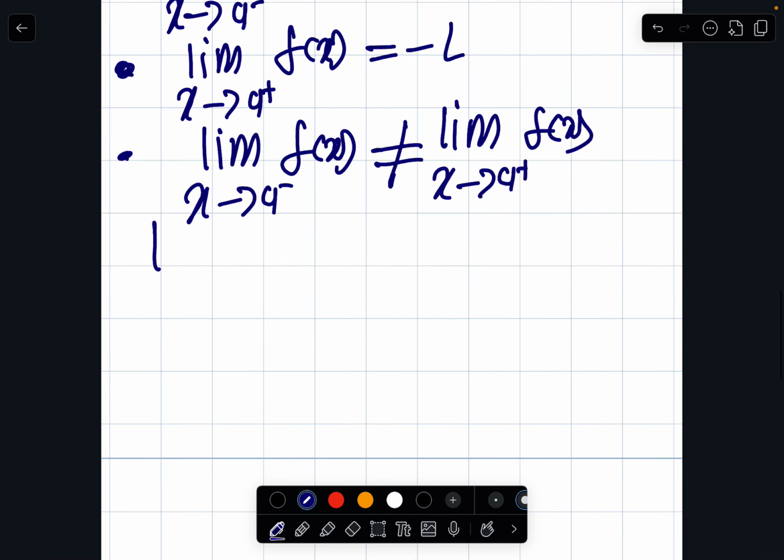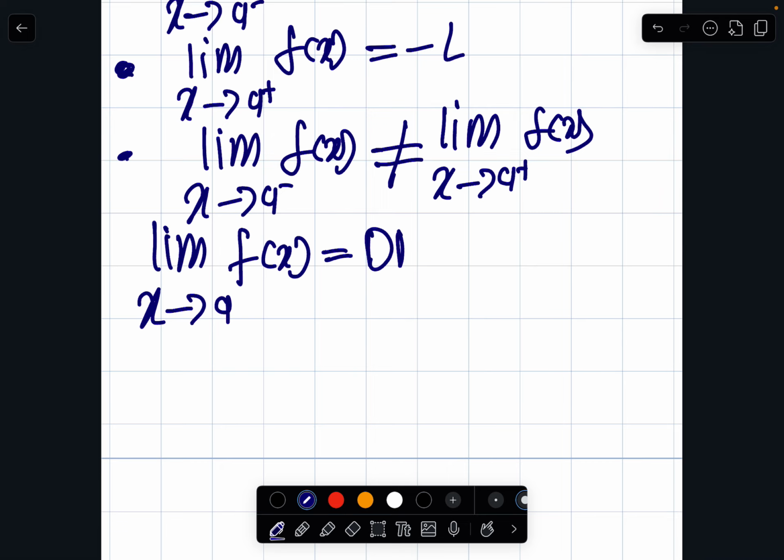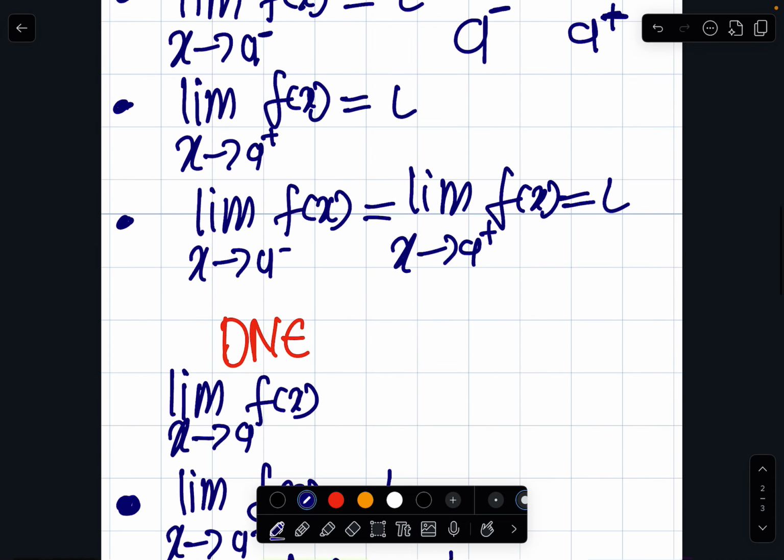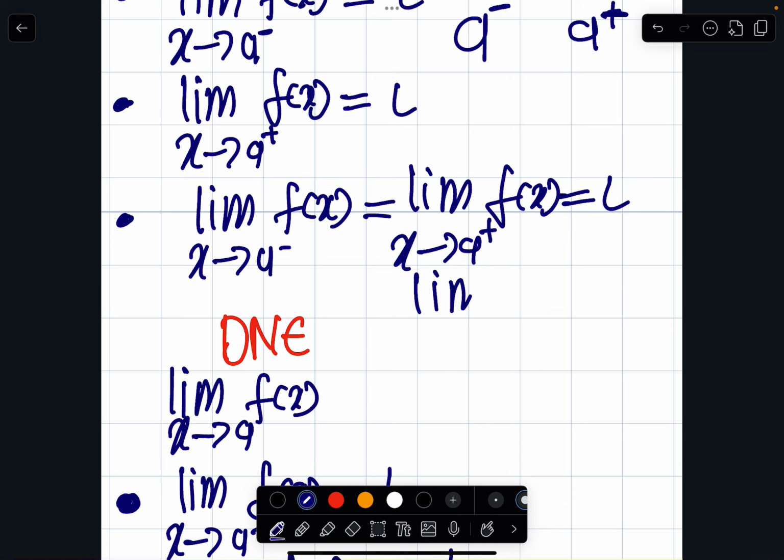Therefore, the limit as x approaches a of f of x from both sides does not exist. Here the limit exists.